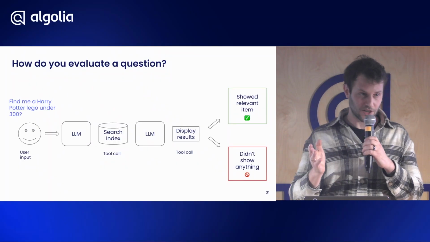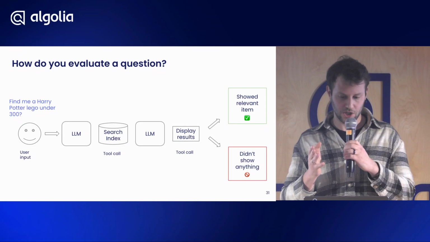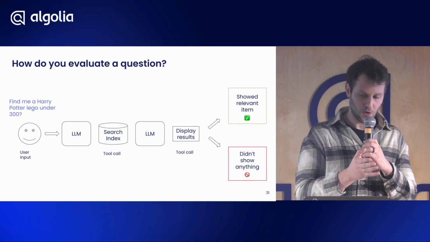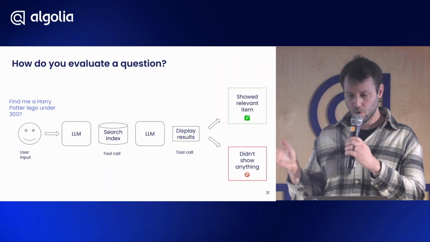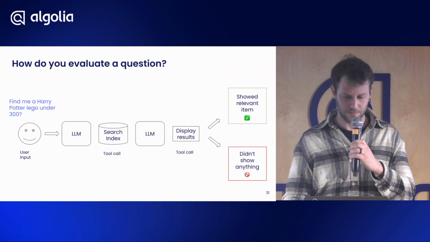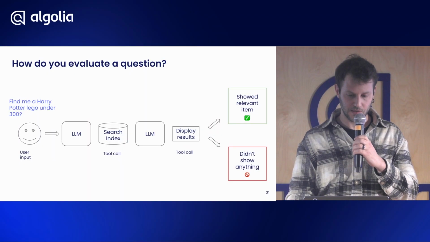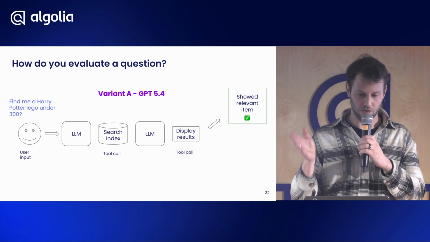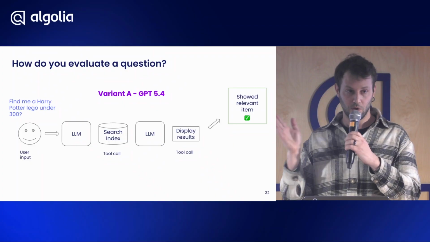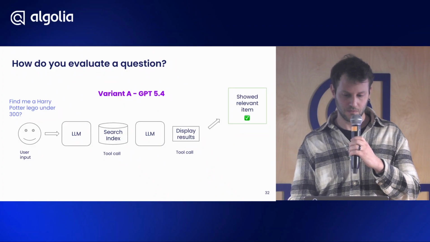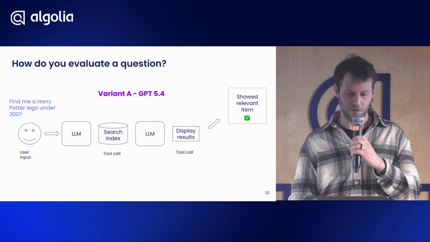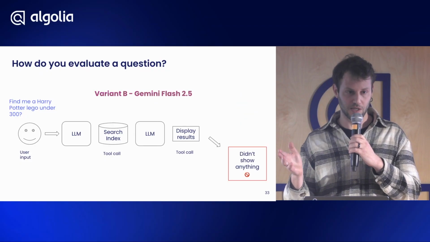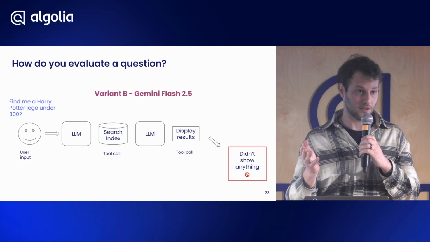And there's two potential outcomes when someone asks this question from this agent. It will either find an item that you know there's at least one item for, or it will say, I couldn't find an item, right? And depending on this, let's say you changed the model to GPT-5.4, you actually found the relevant item, and now you change this one variable, which is the model, to Gemini Flash, and suddenly the system responded, I couldn't find the relevant item.